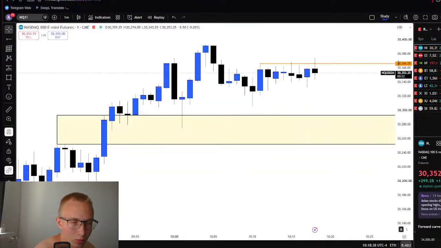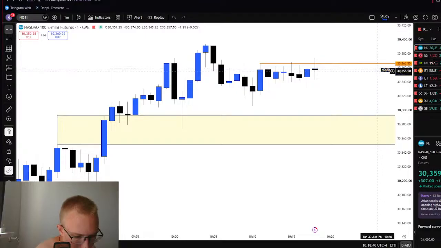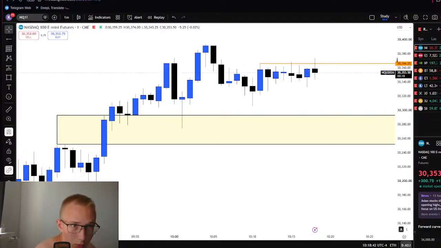Okay, let's see if we can break structure. No, they're not. If we don't break structure to the upside here, then it's smoked, and it's just going to be a no trade day.